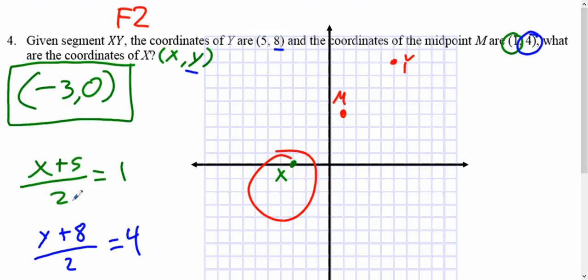So you would multiply to get rid of the 2 in the denominator. So you have 2 equals x plus 5. Subtract the 5, you get x equals negative 3. Multiplied by 2, you would get 8. And then subtract 8, you get y equals 0. The exact same thing. So 2 ways you could do it. You could graph it or do it algebraically.